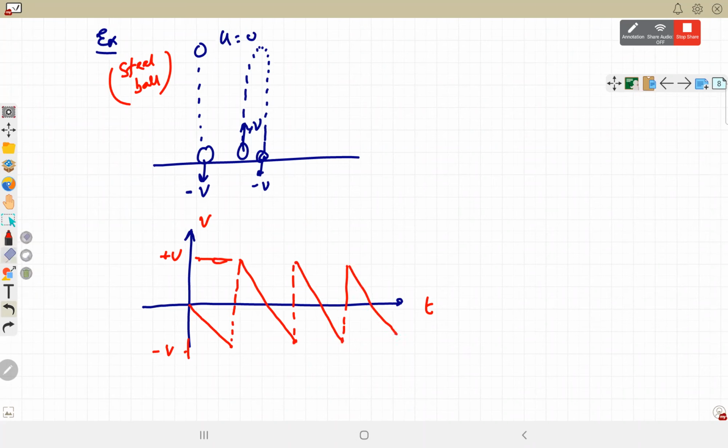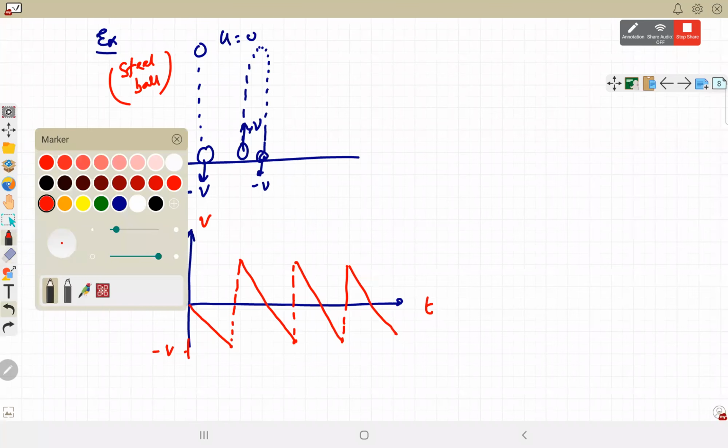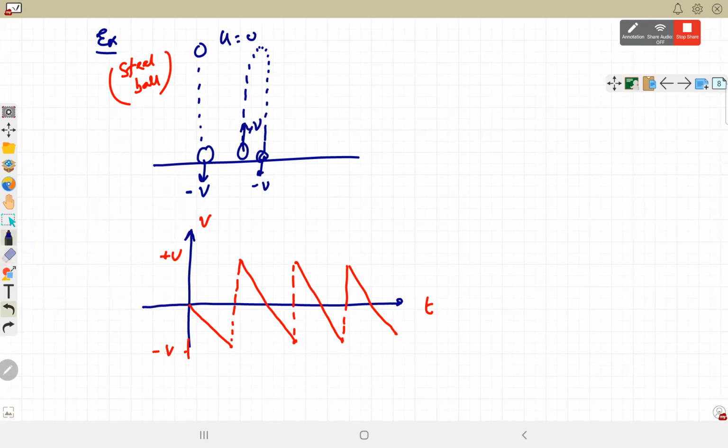NCERT question: in every collision, if it loses 1/10 of its velocity, then every time it bounces back, the speed will be less. Here, every time the speed is v, so if it is minus v, it becomes v.